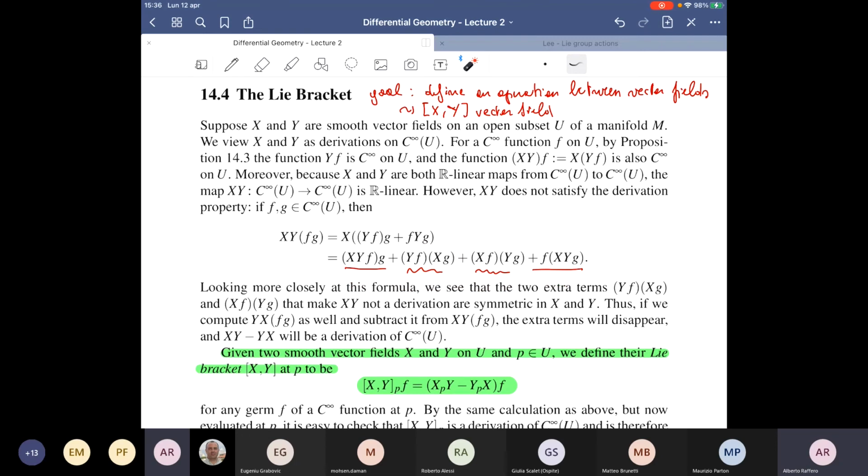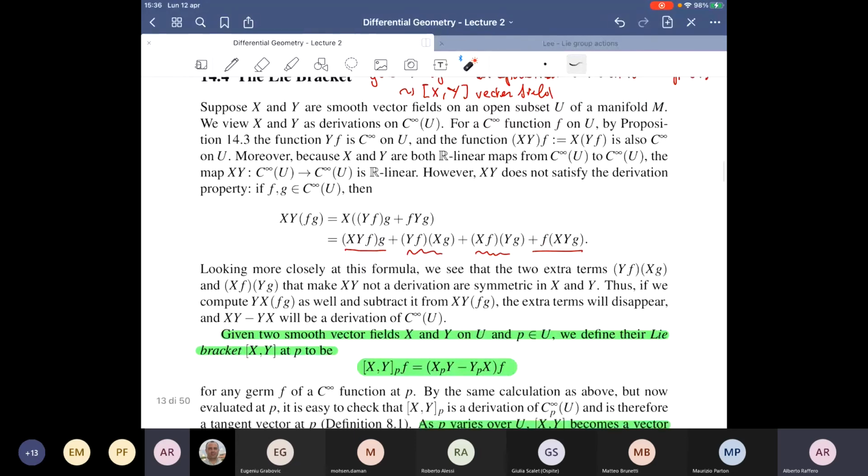So this suggests that if you consider XY applied to the product and you subtract YX applied to the product, then you will end up without these two terms and only with the difference of XY and YX applied to f, multiplied by g, and the same thing here, f multiplied by the difference of XY and YX applied to g.